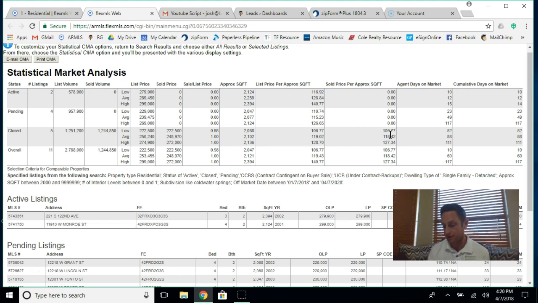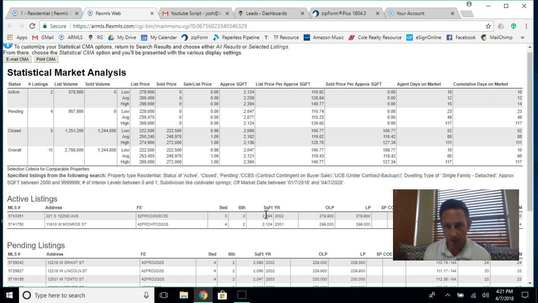So $118.42 times our 2,394 square feet. $118.42 per square foot. Our house has 2,394 square feet, so that actually comes out to a price of $283,497.48.